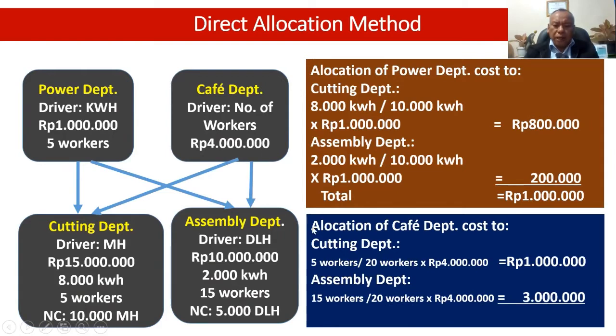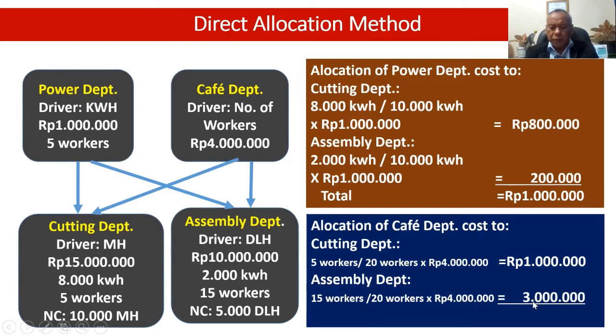After we allocate the cafe department cost to cutting department, next we will allocate the cafe department cost to assembly department by dividing the number of workers, in this case 15 workers, by the total workers of producing department times the 4 million.